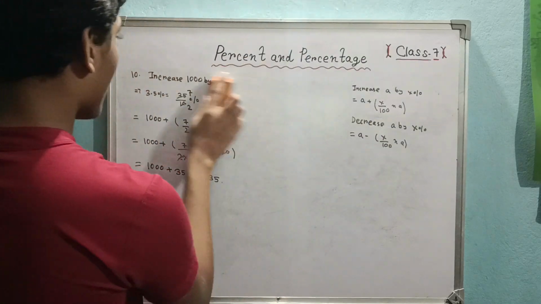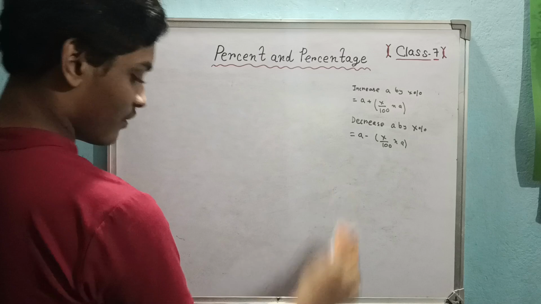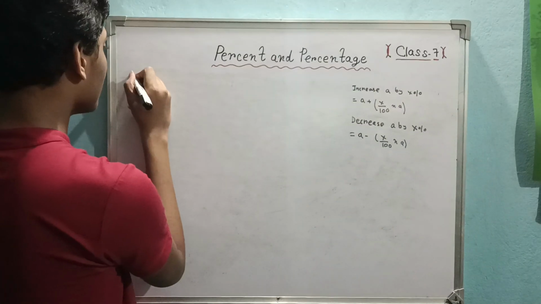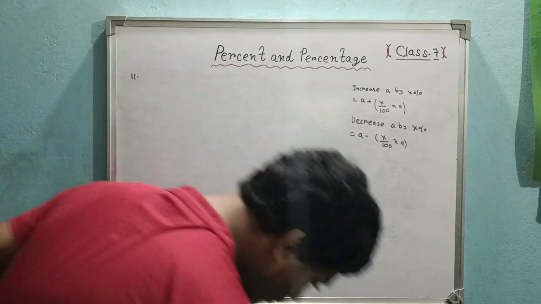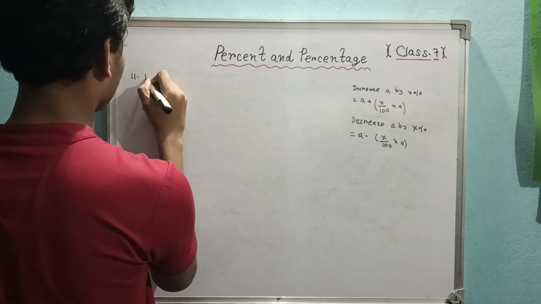Let's see a few more. Now we have one on decrease. We did the sums of increasing. Now let's do decreasing. We have the formula here. Question 11. We have to decrease 50 by 12.5%. Okay.